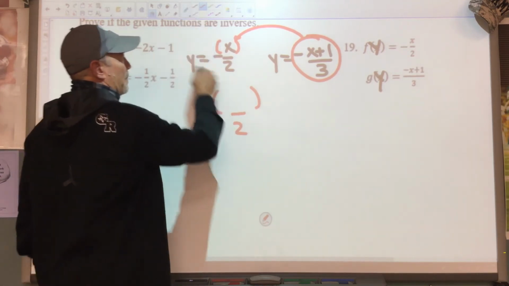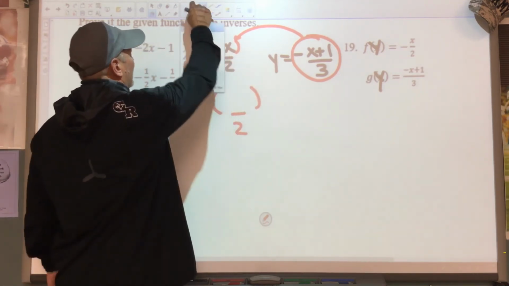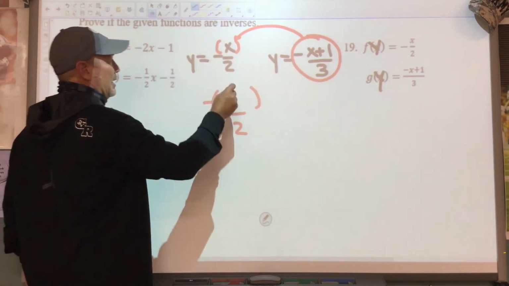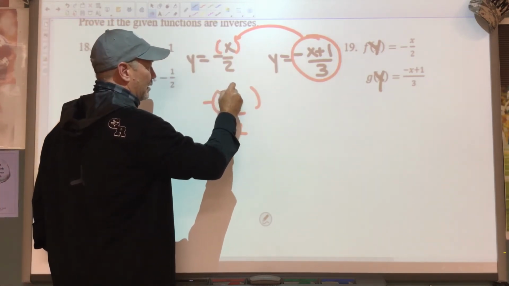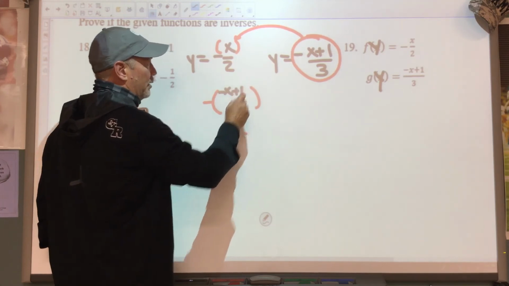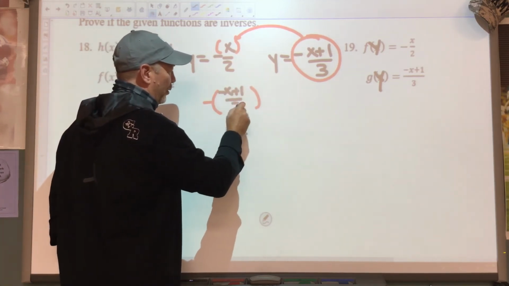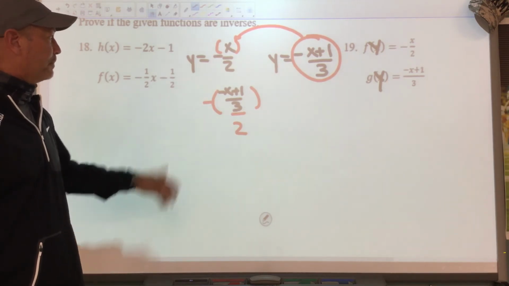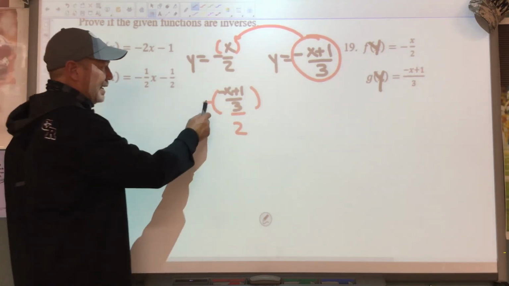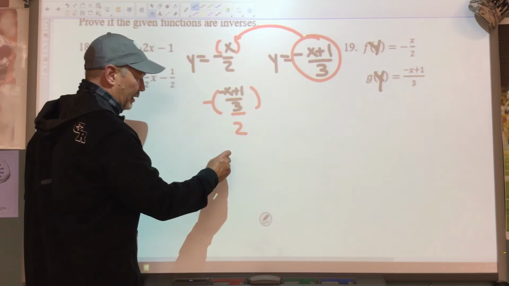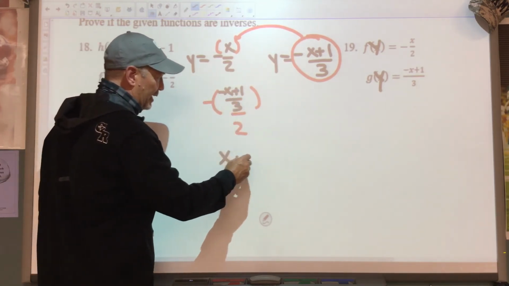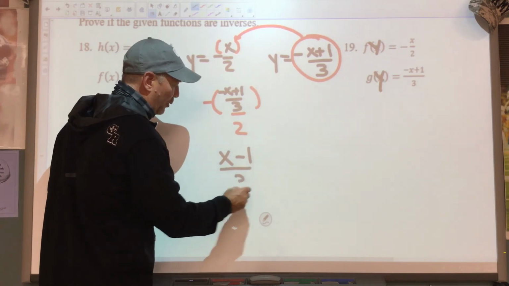We're going to say negative x plus 1 over 3. So we're going to distribute the negative, and we're going to say a negative times a negative is a positive. A negative times a positive is a negative over 3.